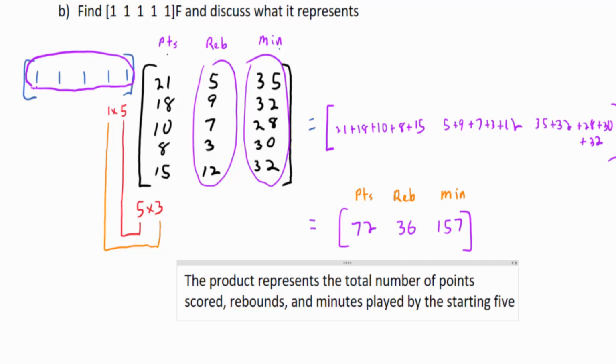This was the F matrix, right? So the first game, in the first game. Proofread it. The product represents the total number of points scored, rebounds, and minutes played by the starting 5 in the first game.